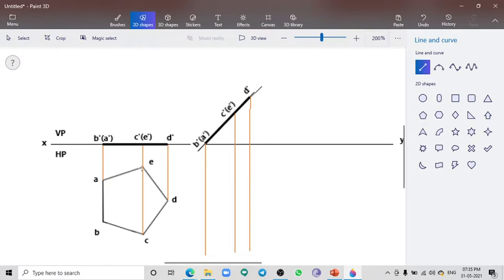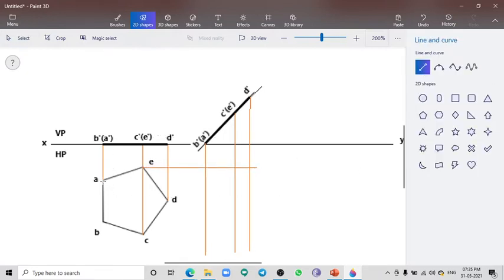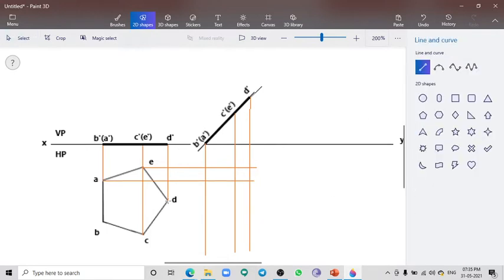Here again I am going to project these points in the right hand side direction. Okay, I have projected all the points.